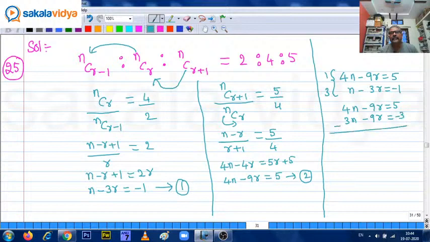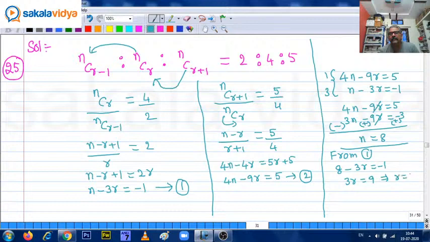Now subtraction takes place: 9r and 9r cancel. n equals 8. Now as we have determined n, we can find r from either equation. From 1, substituting n equals 8, we get 8 minus 3r equals minus 1. Obviously 3r equals 9, r is 3. Therefore the ordered pair (n, r) is 8, 3.